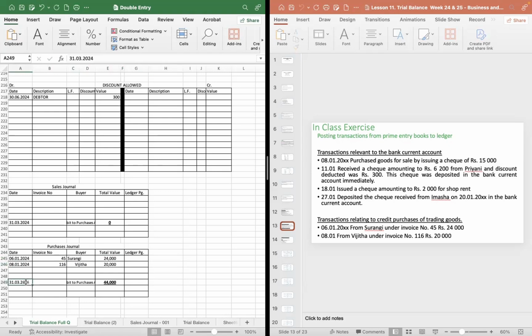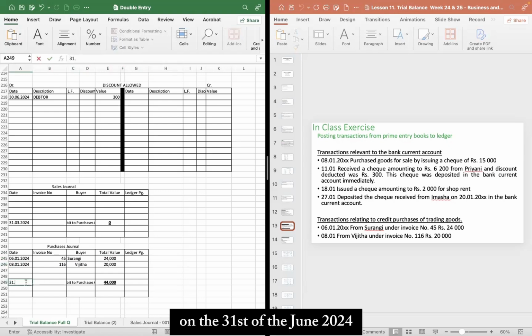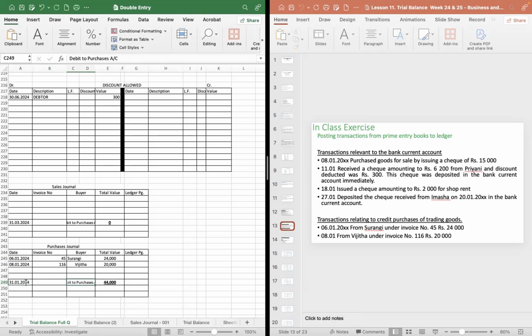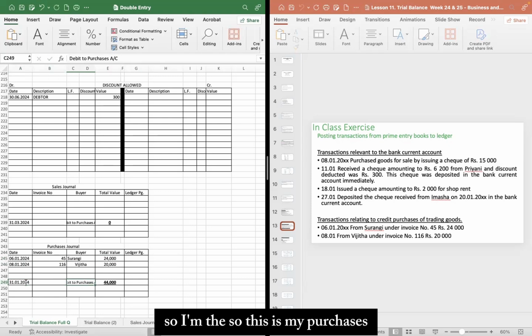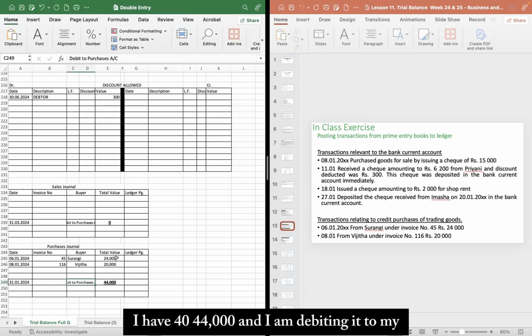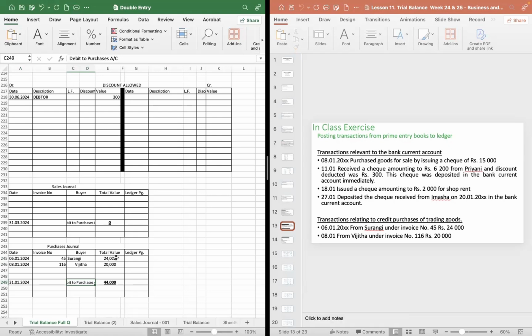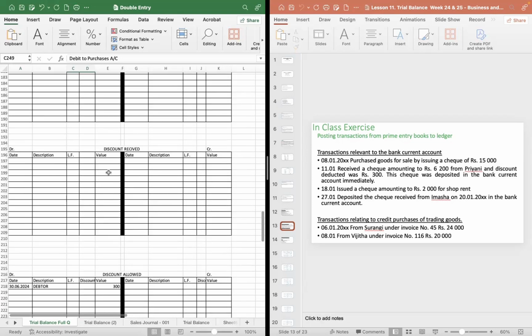So on the 31st of Jan 2024, debit to purchases account. This is my purchases, I have 44,000 and I am debiting it to my purchases account.